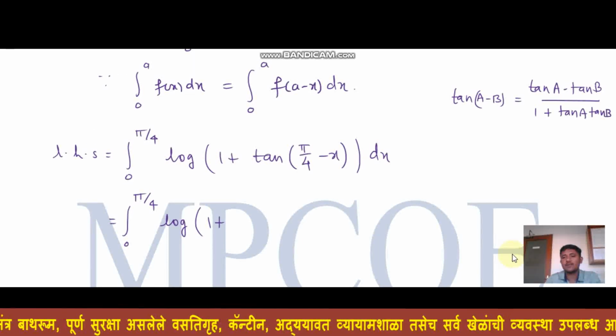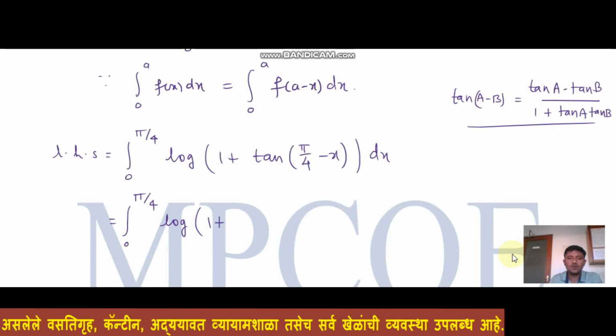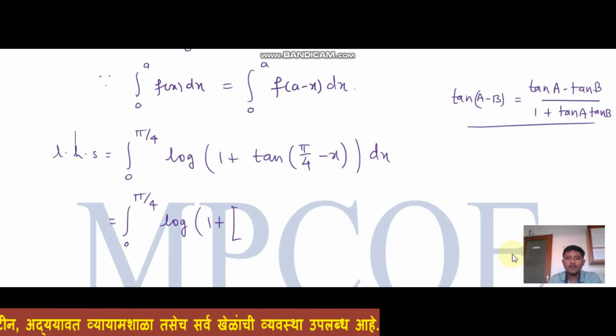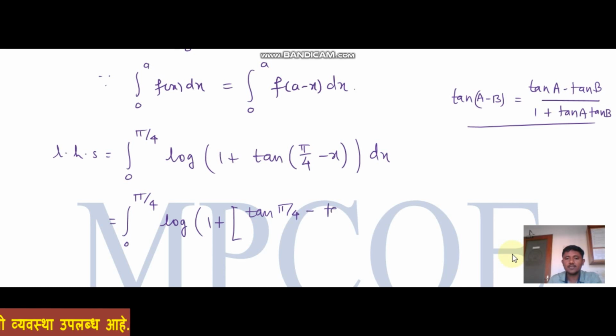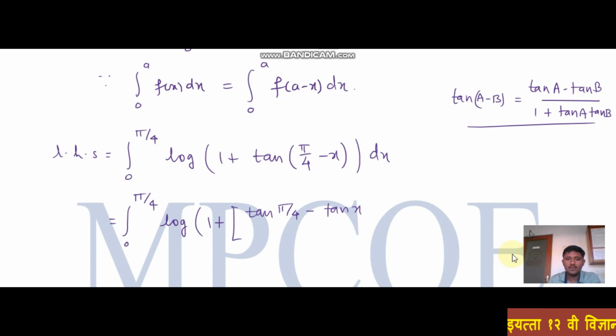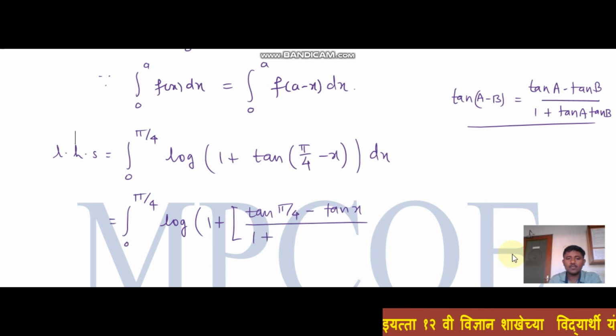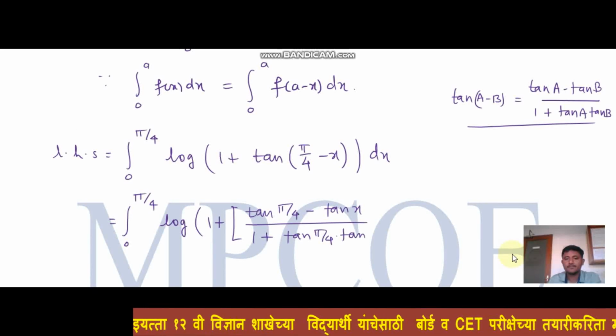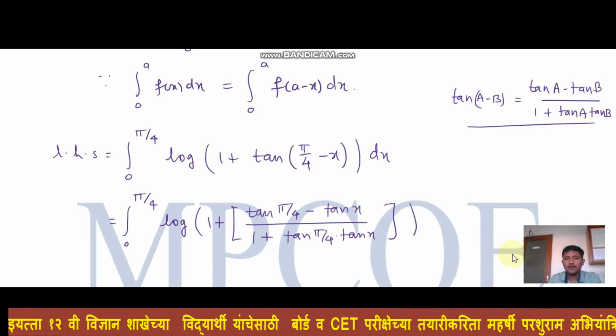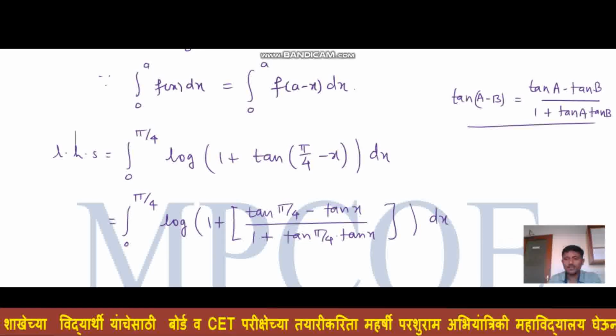So this is the fundamental formula, and using this formula we can write this as tan of pi by 4 minus tan of x, that is tan a minus tan b, and in the denominator 1 plus tan a tan b, means tan pi by 4 into tan x, into dx.